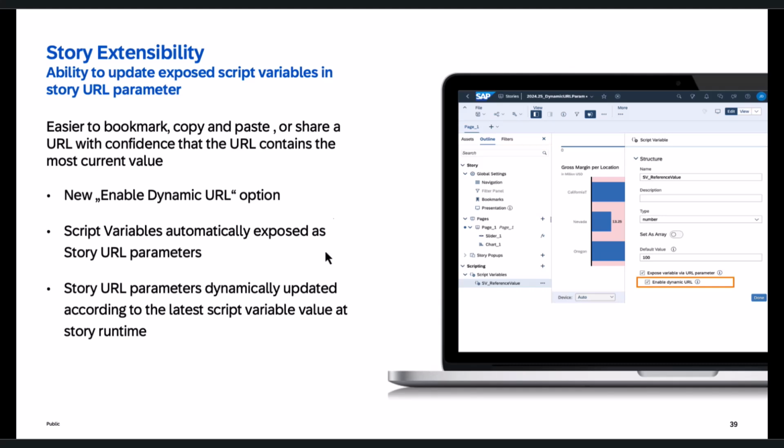What you need to do is go to this script variable, and there is a check mark called Enable Dynamic URL. Once you check that, we can synchronize the script variable parameter in the URL with the actual value current in the story. And the story parameters can dynamically update according to the latest script variable value at story runtime.